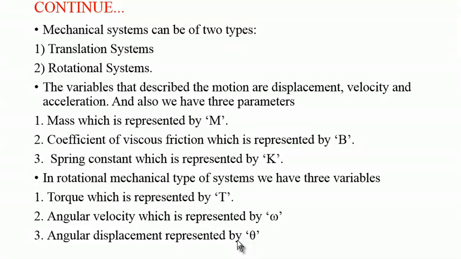So a mechanical system can be of two types, translation system and rotational system. The variables that describe the motions are displacement, velocity and acceleration. These three parameters, mass, coefficient of viscous friction and spring constant, are for translation systems, and torque, angular velocity and angular displacement are for rotational systems. Just remember, these are very important.